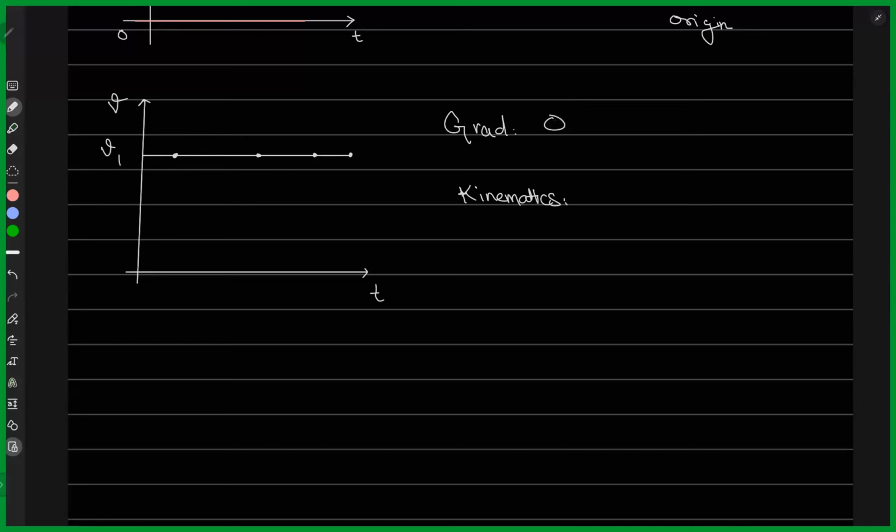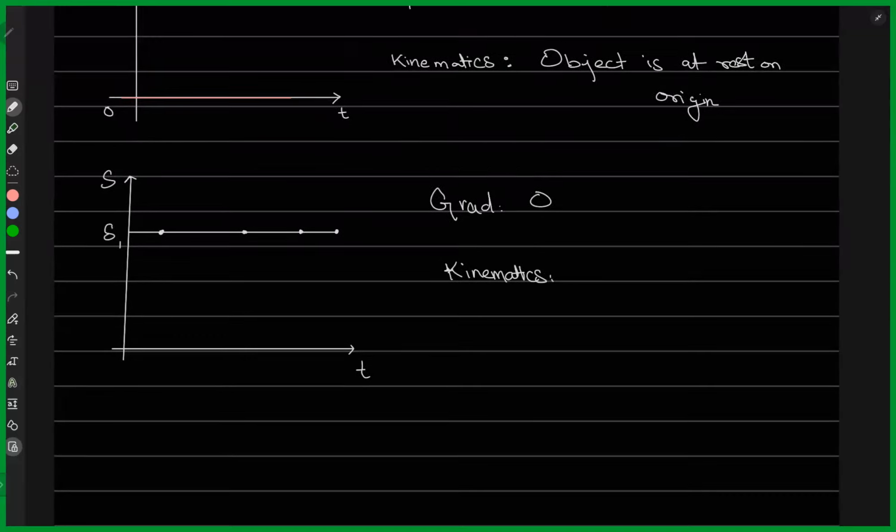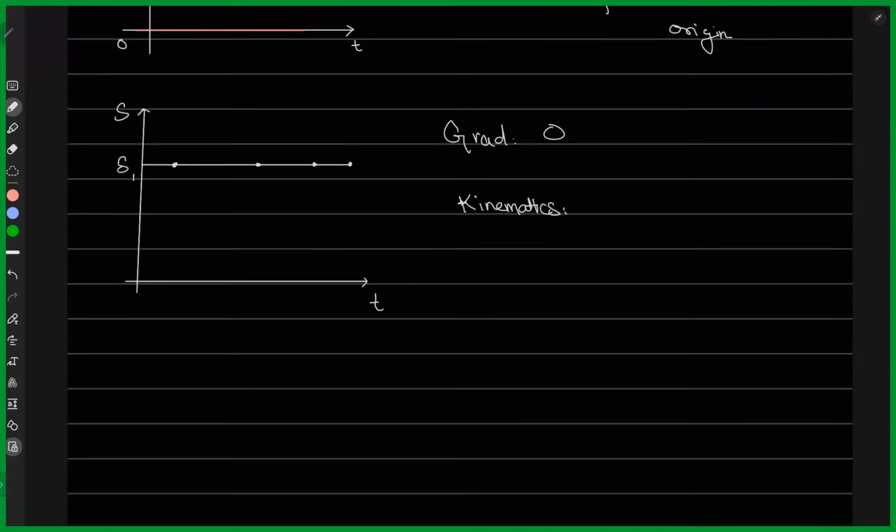Oh, sorry, I drew velocity. Yes, my mistake. This was displacement, and this is some value S1. Sorry for that. Yeah, so in this now, what is happening kinematically?